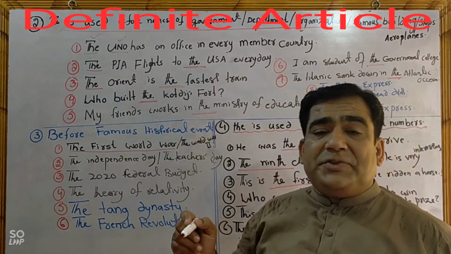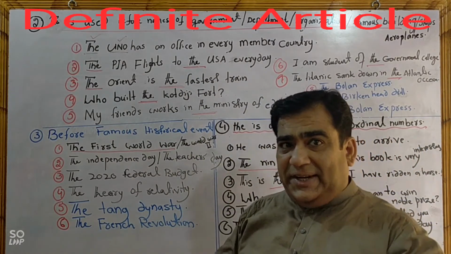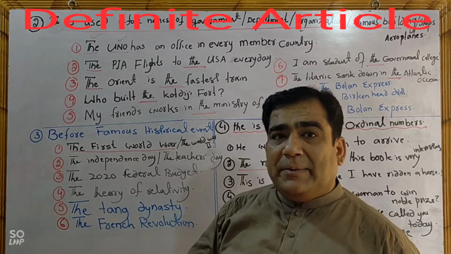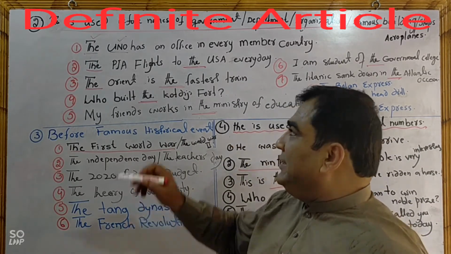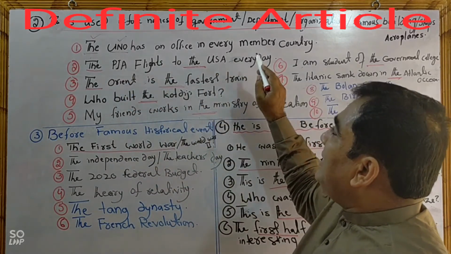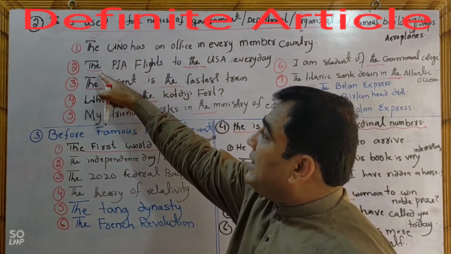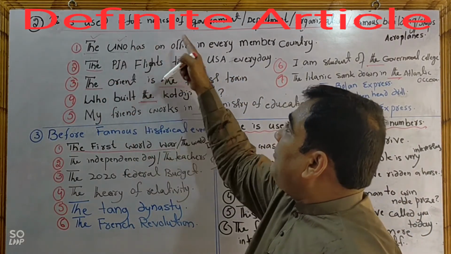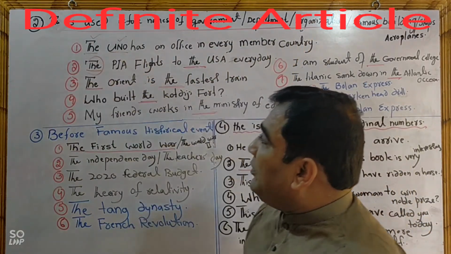Some countries take the definite article because of states, republics and kingdoms, because of islands like that. We discussed this one. The PIA flies to the USA, both have articles, but our topic is where we have to put the with government, department, organization.